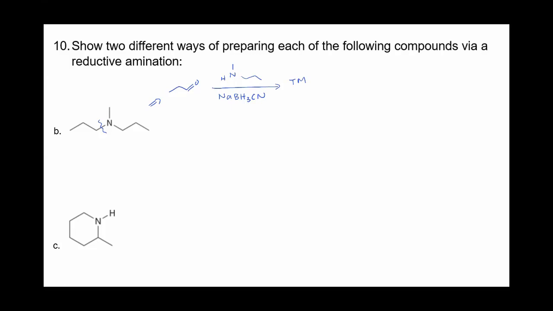And if I wanted to do a different disconnection, maybe I want to use that. So it would be formaldehyde with the nitrogen, three carbons on either side, and NaBH3CN.